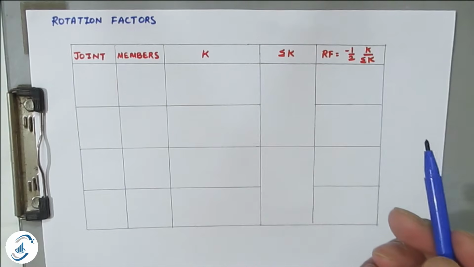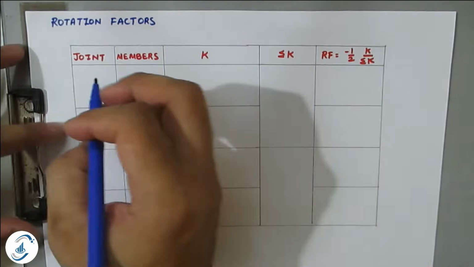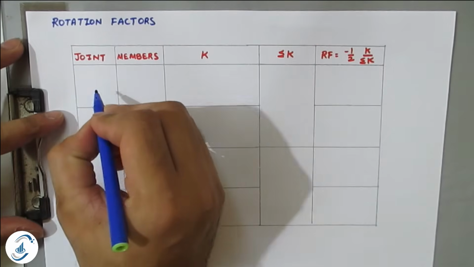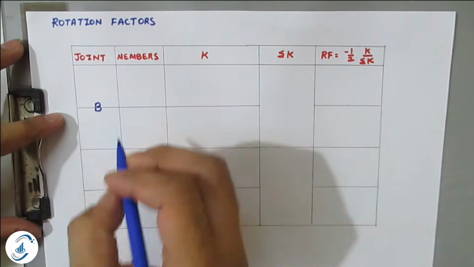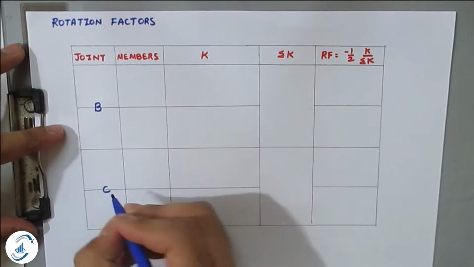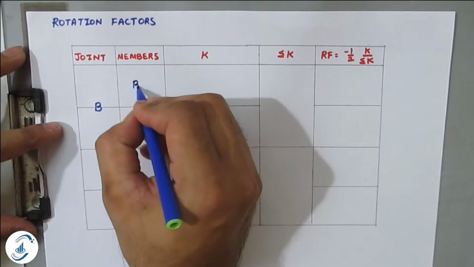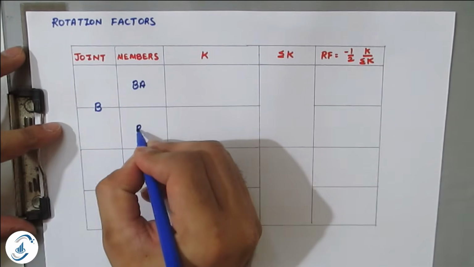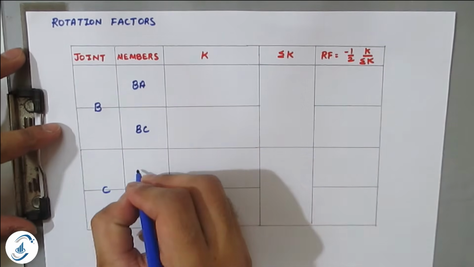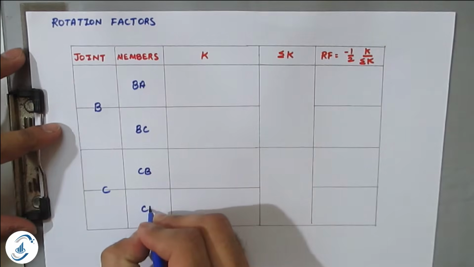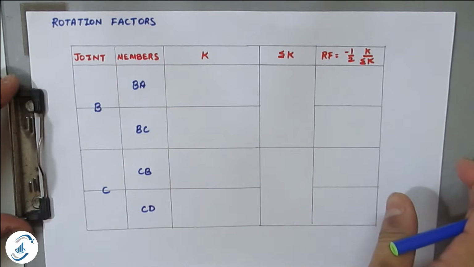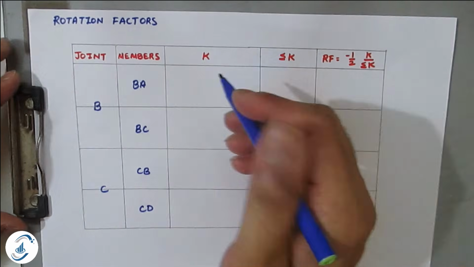So now here joints are two. This will be the B joint and this will be the C joint, and the members are BA, BC, CB and CD. Now the stiffness.